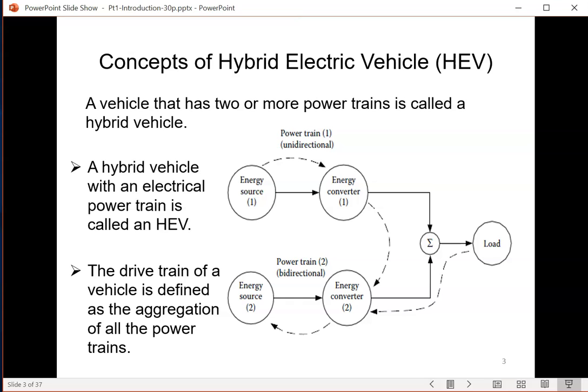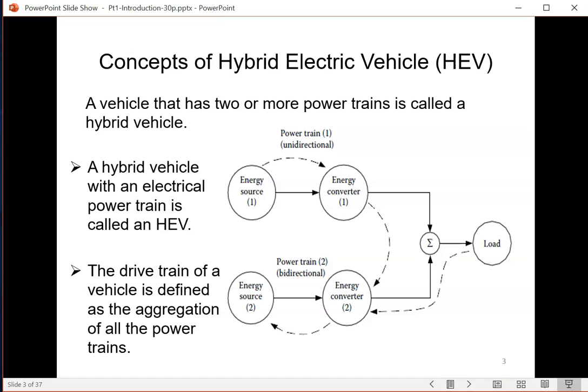Now, some of the powertrains can be unidirectional. That means power can flow in only one direction. It's like, for example, the diesel engines. Internal combustion engines only go one direction, the energy cannot be reversed.